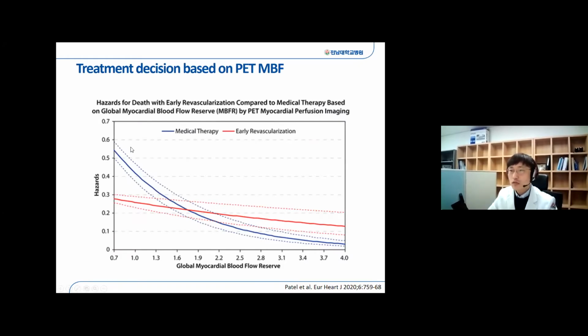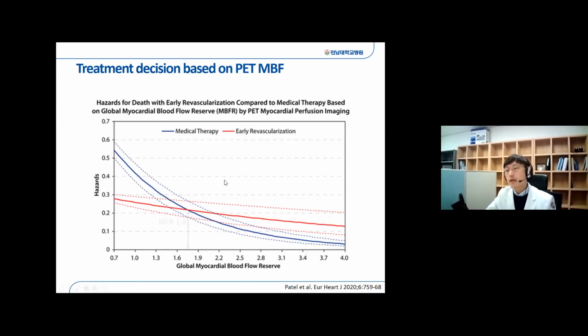And if we want to decide treatment, medical versus revascularization, based on PET measured myocardial blood flow, we can use the myocardial flow reserve, which is also called MFR or CFR.